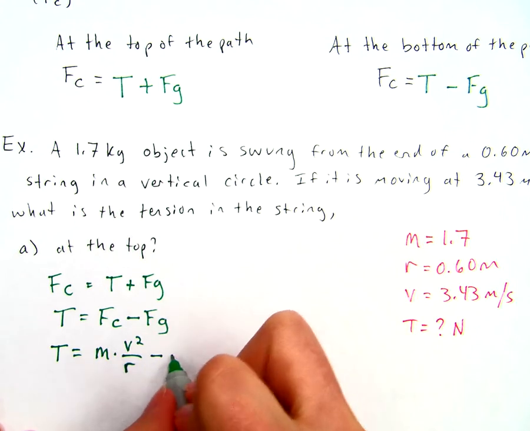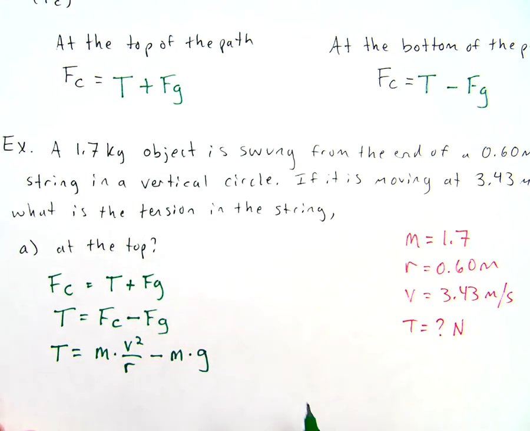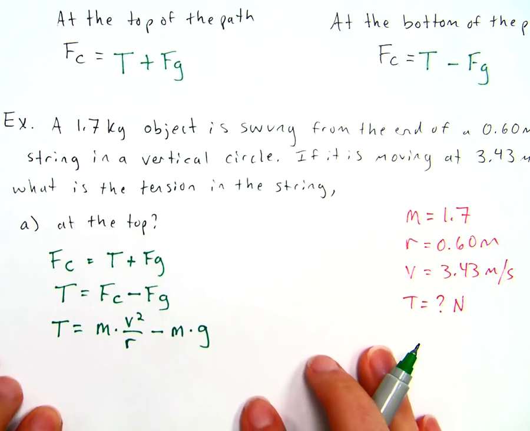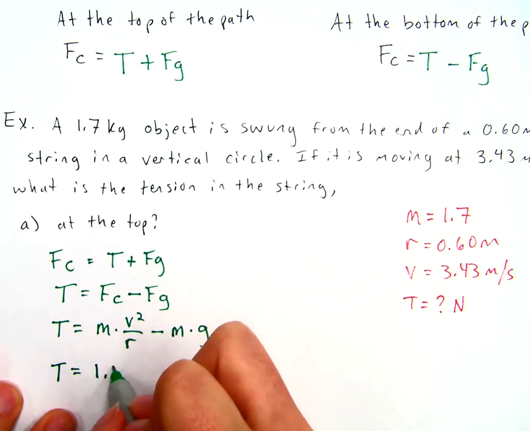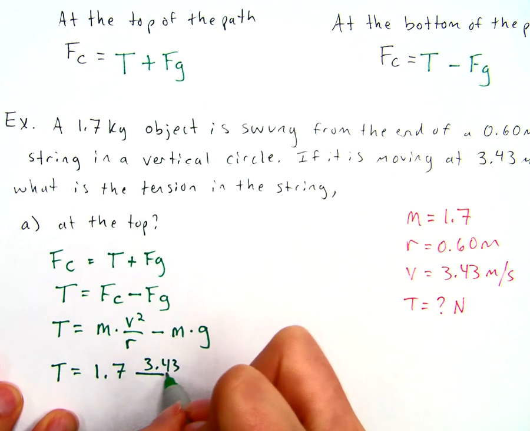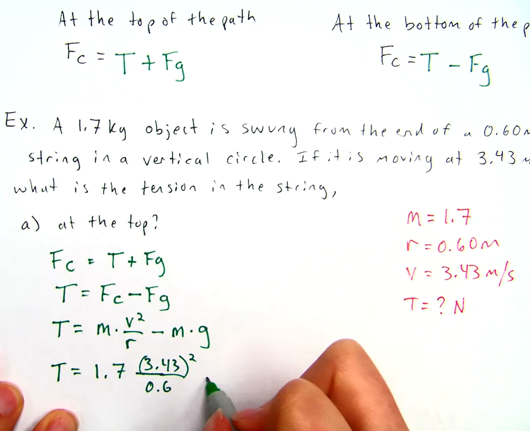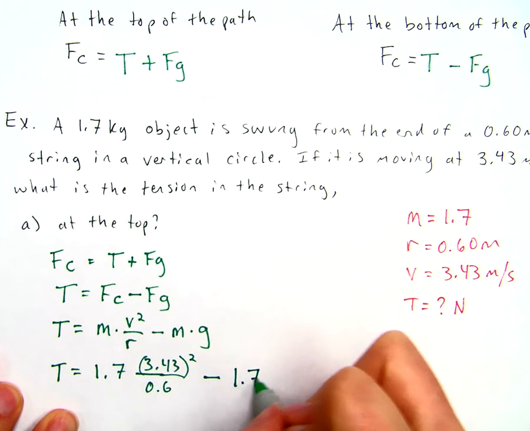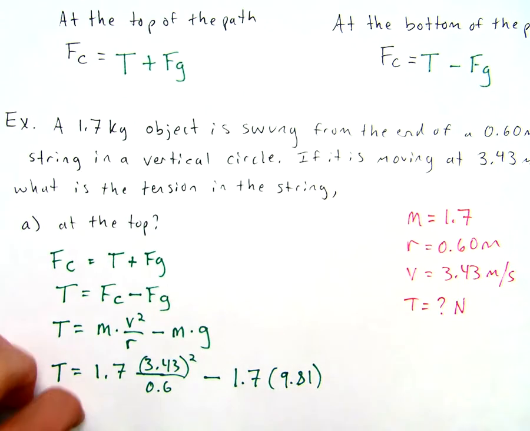And we're going to subtract the force of gravity, which is mass times gravity, the acceleration due to gravity. So from there we can plug in our numbers. We have 1.7 times 3.43 squared over 0.6. Then we're going to subtract the same 1.7 but this time multiplied by 9.81.